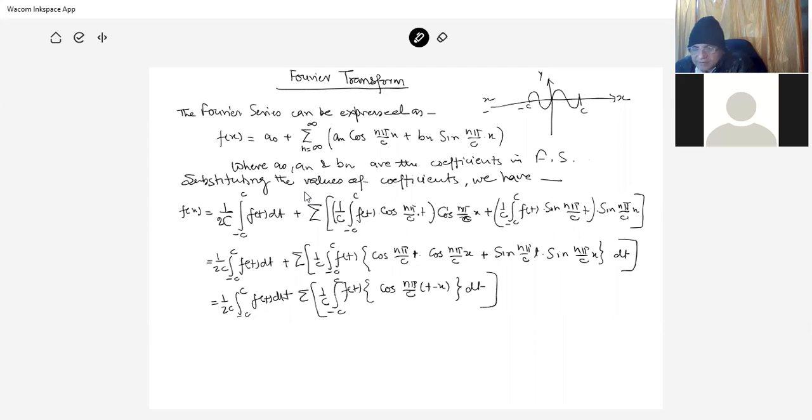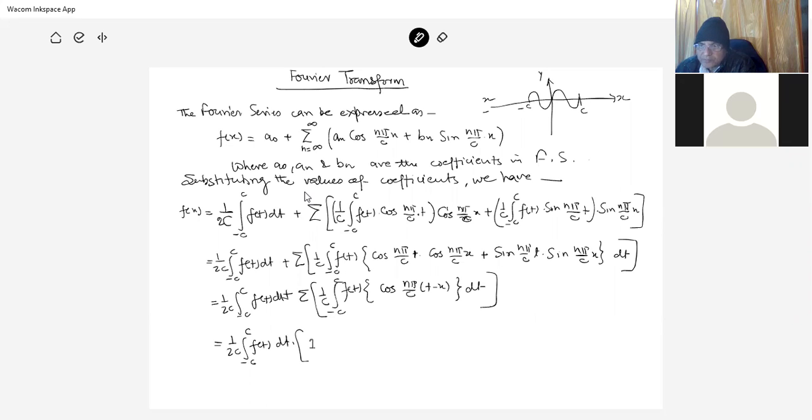Now again, there are common terms of integral and 1 by c. So we can write 1 by 2c integral minus c to plus c f of t dt, taking this common, so the whole part is taken out.